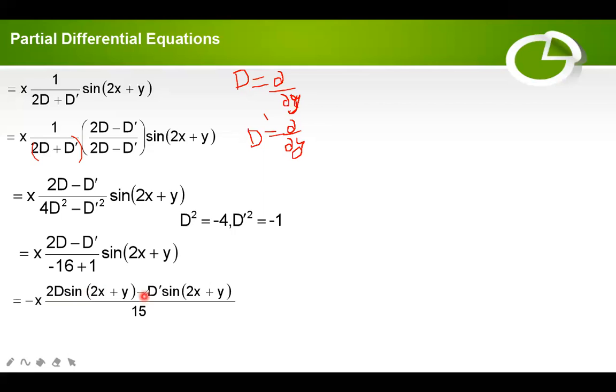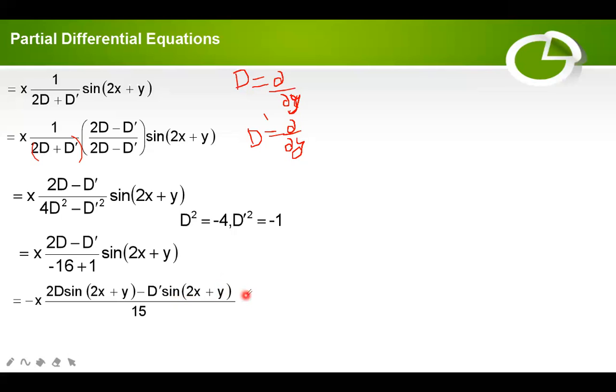Then differentiate with respect to y, since D dash is the partial derivative with respect to y: derivative of sine is cos(2x plus y), and the inner function with respect to y, x is constant so 0, derivative of y is 1, we get 1 into cos(2x plus y).